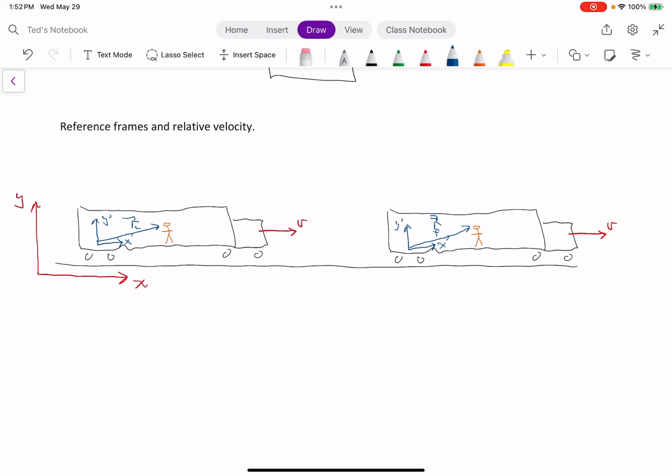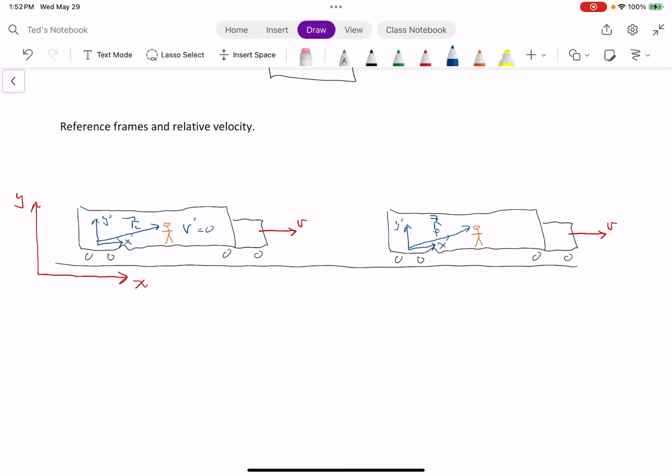The person has not moved. So the velocity of that person in the blue coordinate system, or the primed coordinate system, is 0. So we could say v prime here is equal to 0. He's not moving in a coordinate system that is fixed to the truck.